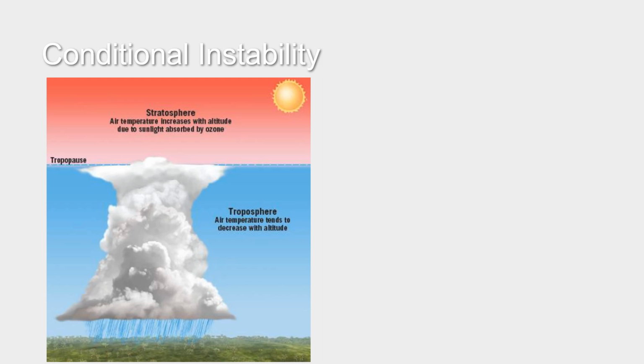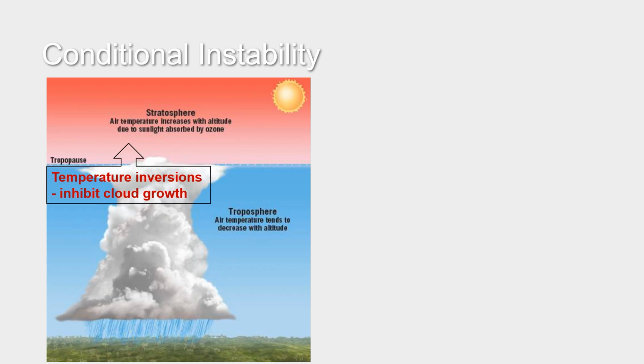In the first topic, the stratosphere is a temperature inversion layer of air in which the temperature increases with altitude, and therefore it serves as a lid to stop the growth of towering clouds.